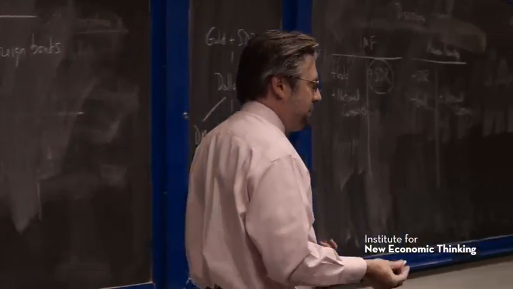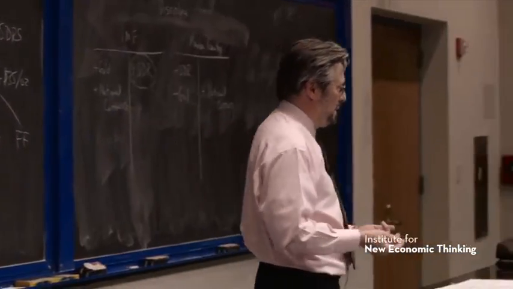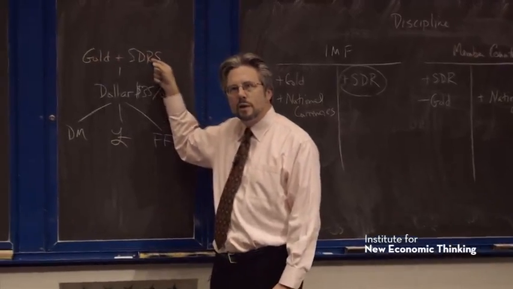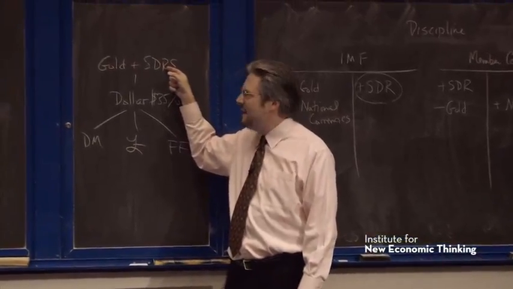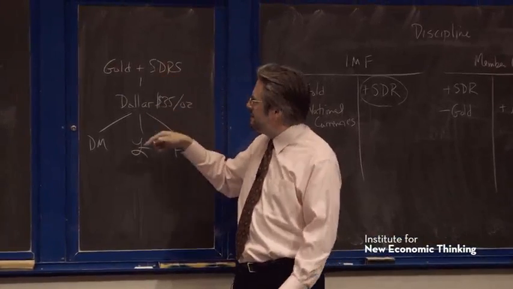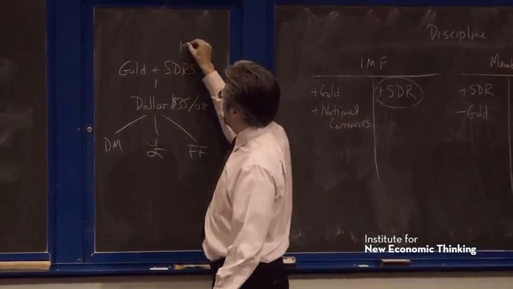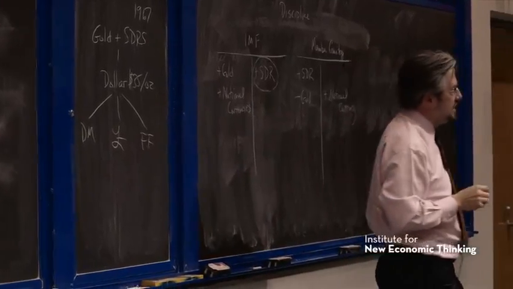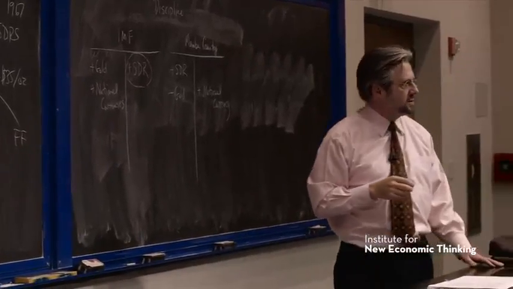What are the solutions to these? This is Mundell again. We could have revalued gold. We could have created more SDRs. He tells a story that in 1967 there was an increase in SDRs, but not enough, $10 billion.